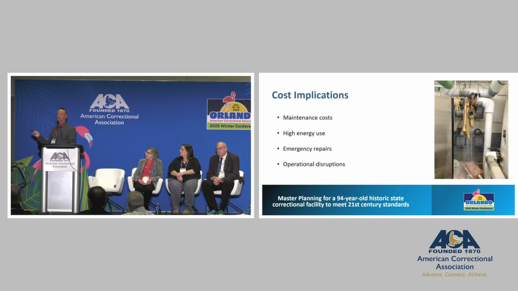They did what they could at the time to just keep things from getting worse. And then they try to collect as much water and funnel it to a drain. But these are very costly. As you all know, if you call somebody for emergency repair, you're paying higher wages, higher rates, and it's disruptive to the facility.